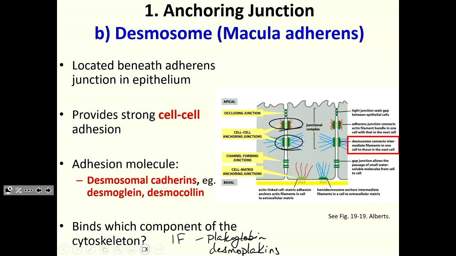Those are the names of proteins that desmosomes use to bind to intermediate filaments, and they are in your textbook. The picture, I haven't gone through it in detail, but I've put a red box around the part that's relevant on each slide, okay?